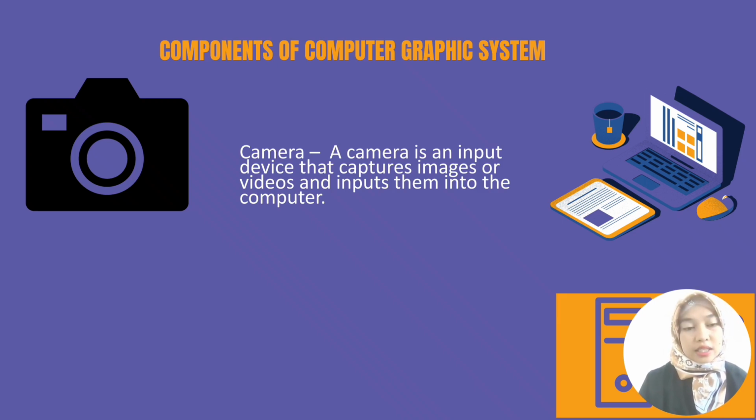It records light and color data to create digital files that can be edited, integrated into designs, or used as raw material for video projects. Examples include DSLRs, mirrorless cameras, webcams, and smartphone cameras. They are used for tasks like photographing products for marketing graphics, capturing footage for animated or video-based projects, or taking reference images for digital art.